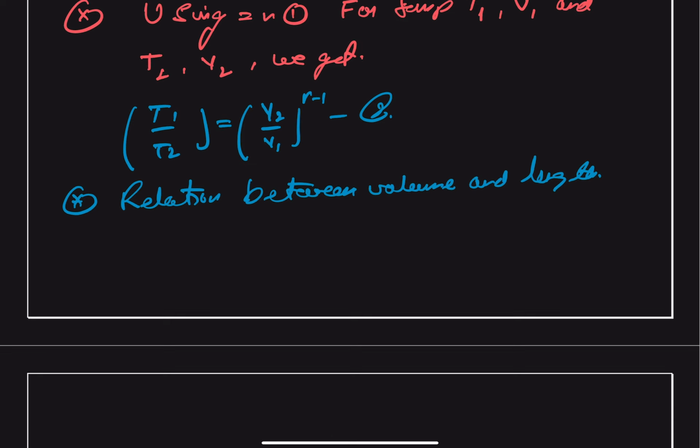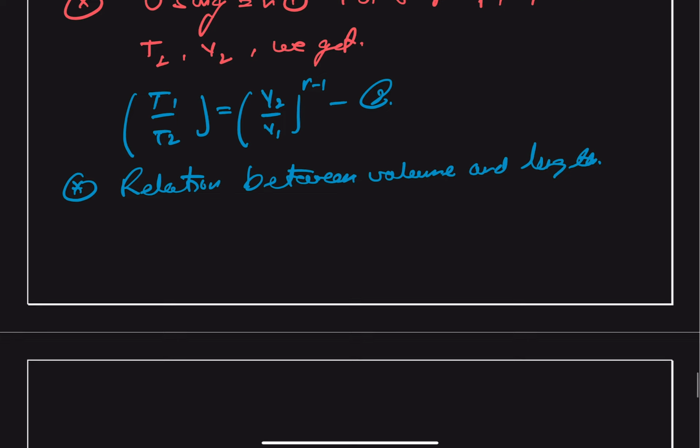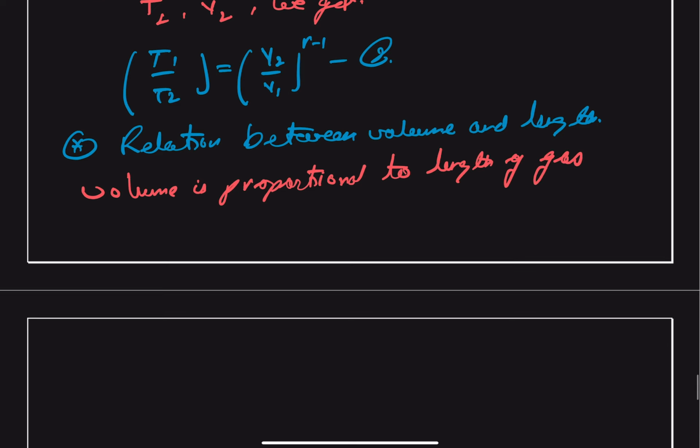So volume is proportional to the length of the gas column, or we can say V is directly proportional to L.